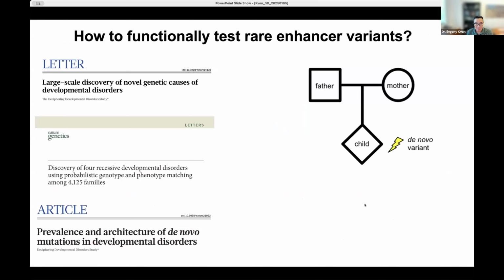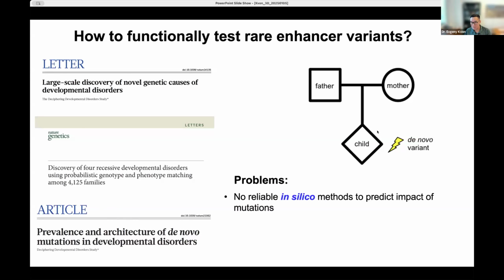And at the same time, there is an unmet need to actually test these variants because there are a lot of studies. This is just work from Matt Hurles and Sanger and others, where they sequence trios where a child has some disorder and the parents are unaffected, and they look for de novo variants. Many of these variants are actually non-coding, but how do you actually test them?